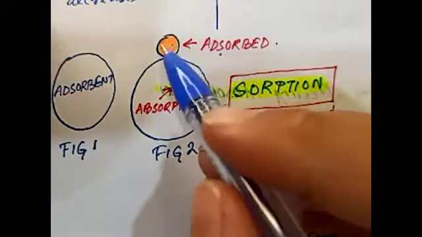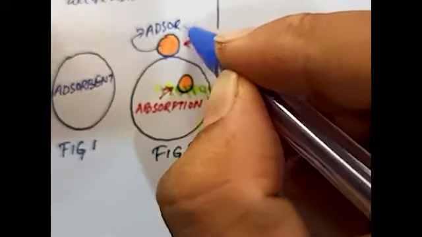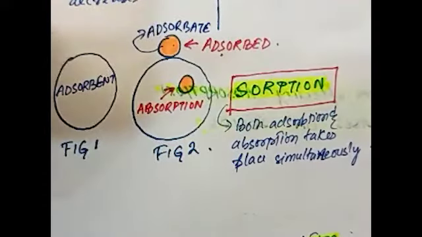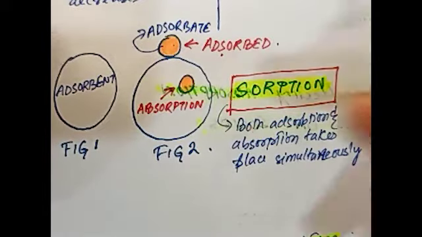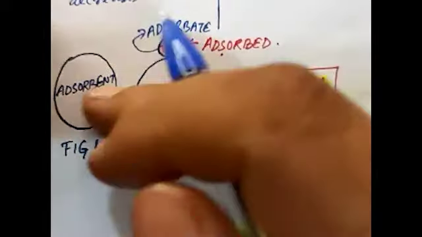The particle which is on the surface is known as adsorbate, and the particle which is adsorbing it is known as adsorbent.